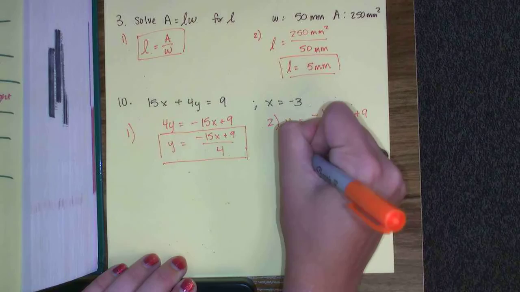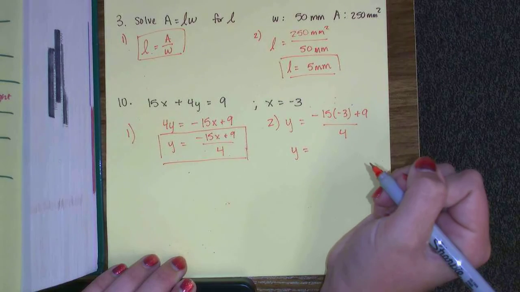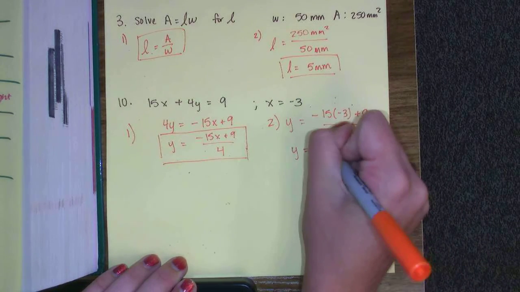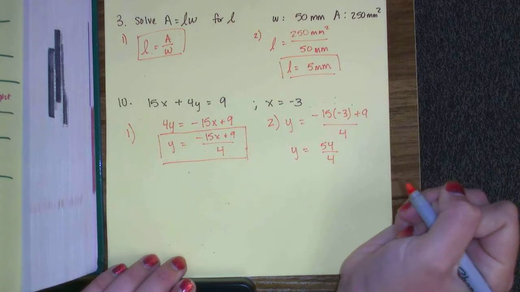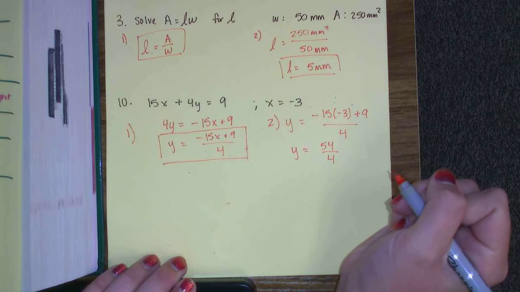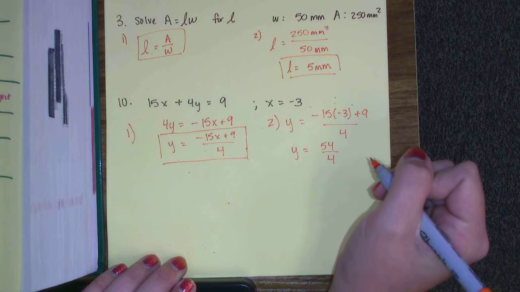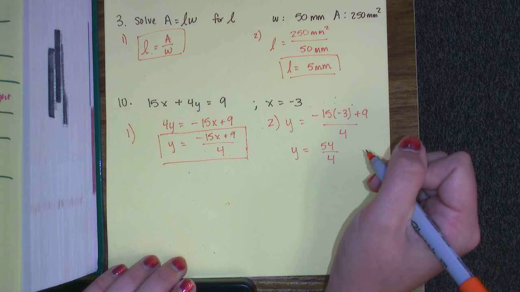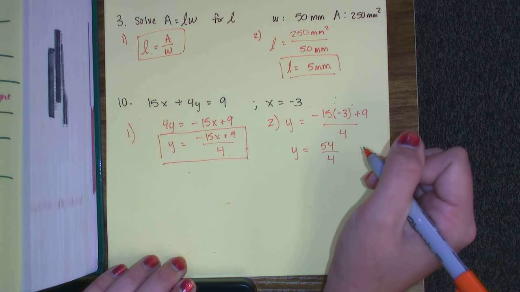So then what do I get here? And can I reduce that down? Yes, I just leave it as an improper fraction, but reduce it.